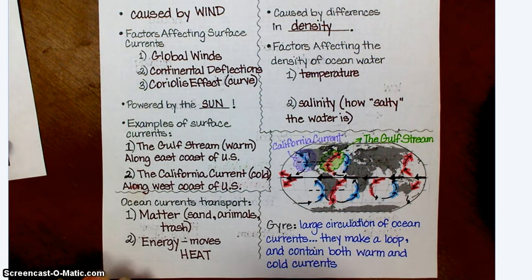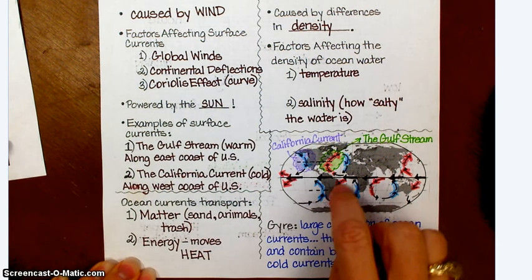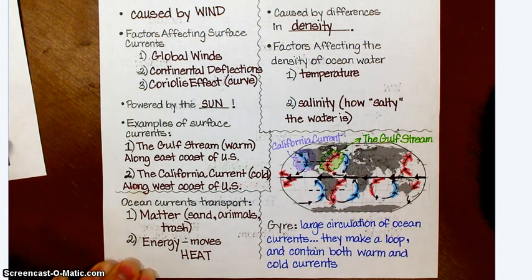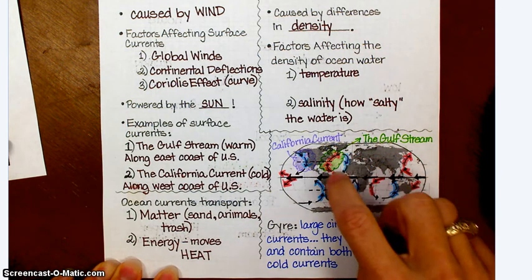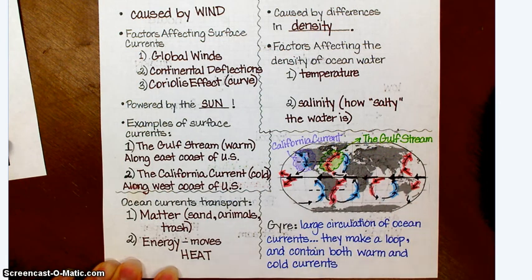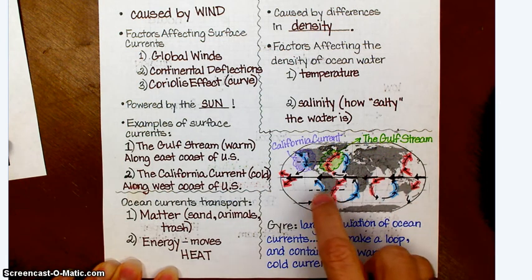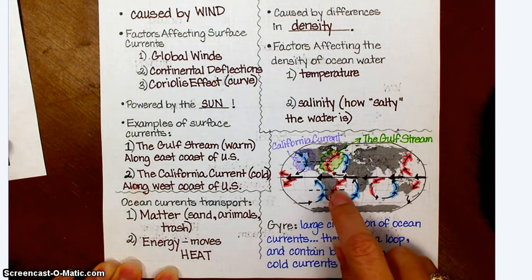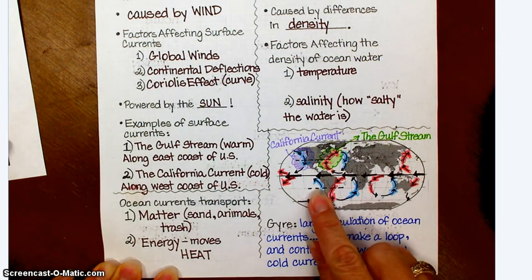A gyre is a large circulation made up of several ocean currents, and typically they have both cold and warm water currents. So here, for instance, is the North Atlantic gyre. Here's the South Atlantic gyre, etc. Places at the same latitude can have different climates because, for instance, over here, this climate will be influenced by a warm water current, whereas this location on the west coast is influenced by a cool water current.